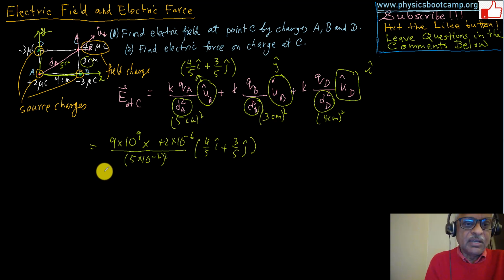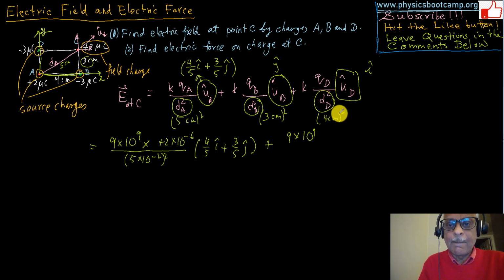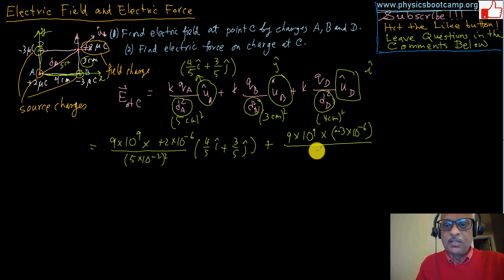Now this guy would be very similar. It's going to be 9 times 10 to the power 9 times, but QB is negative, so negative 3 times 10 to the power minus 6 over 3 times 10 to the power minus 2 squared, and this is going to be simply J hat.